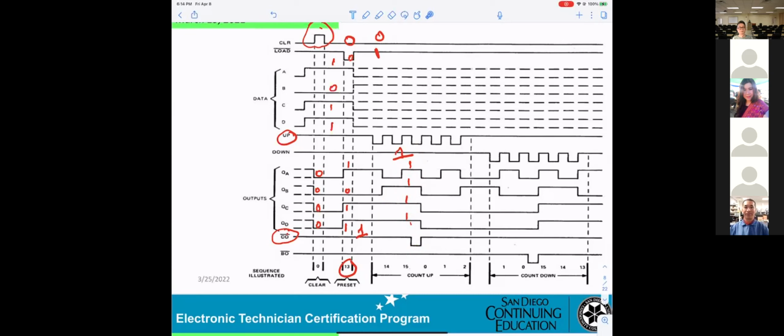Okay, so that is counting up. Remember, for 4-bit, CO goes low when QA, QB, QC, QD equal to logical 1. You say that was called handshaking or syncing? Sharing, basically.